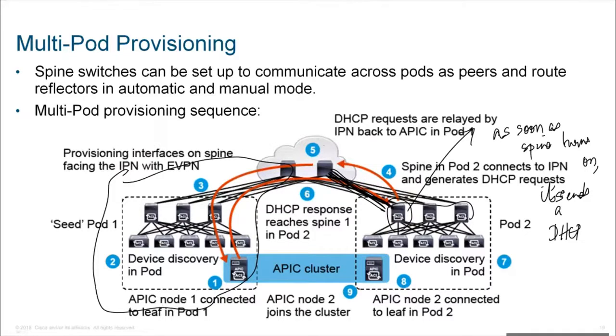So what should I have done? This IPN device should have DHCP relay. Where do they need to relay to? APICs.